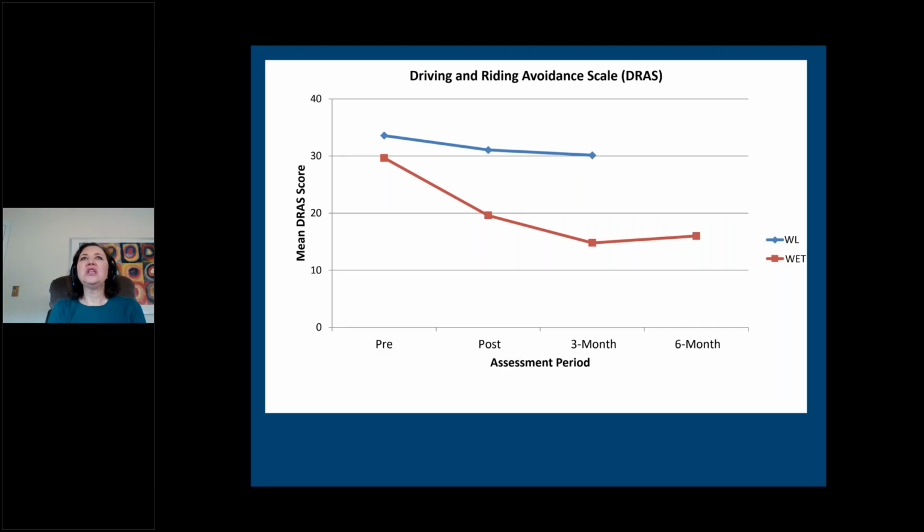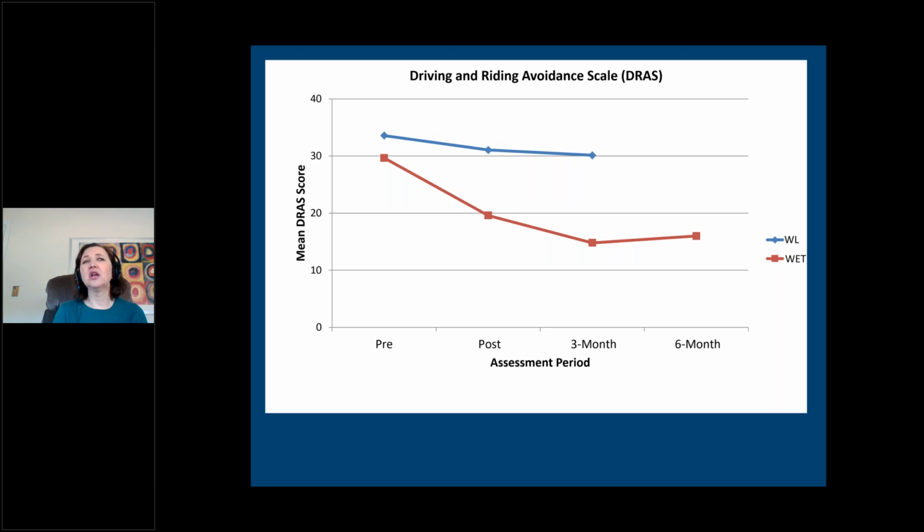And one of the things that we observed in the study that I think was quite notable and important is that all we really did in the treatment was focus on doing a repeated exposure to the trauma memory. But what we were finding is that people would leave the sessions and come back to subsequent sessions telling the therapist that they had done other exposures in between the sessions. So the most common type of avoidance for people with car accident PTSD is driving and riding in a vehicle.